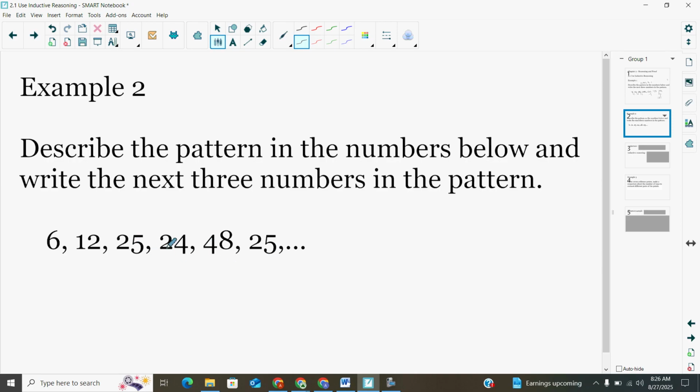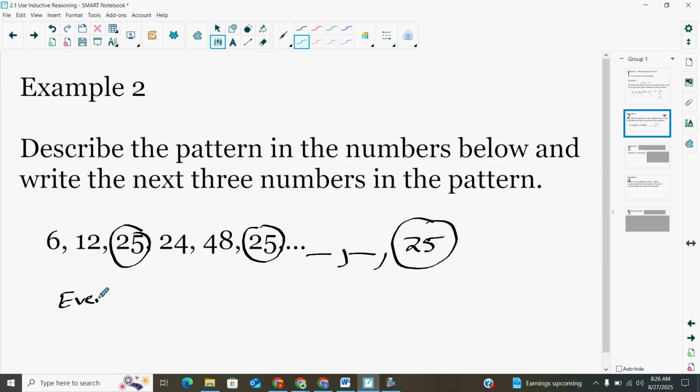Notice the number 25 is popping up every once in a while, right? It's right here. I've got two numbers and then a 25, two numbers and then a 25. So if I continue that pattern, I'd have 2 numbers and then a 25. So part of the pattern is every third number is 25.